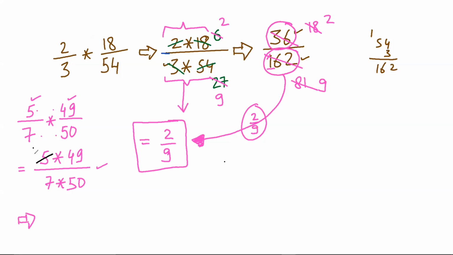So, 5 ones are 5, 5 tens are 50. What are the other common factors that you see? 7. 7 ones are 7, 7 tens are 70. So the answer would be 7 upon 10.